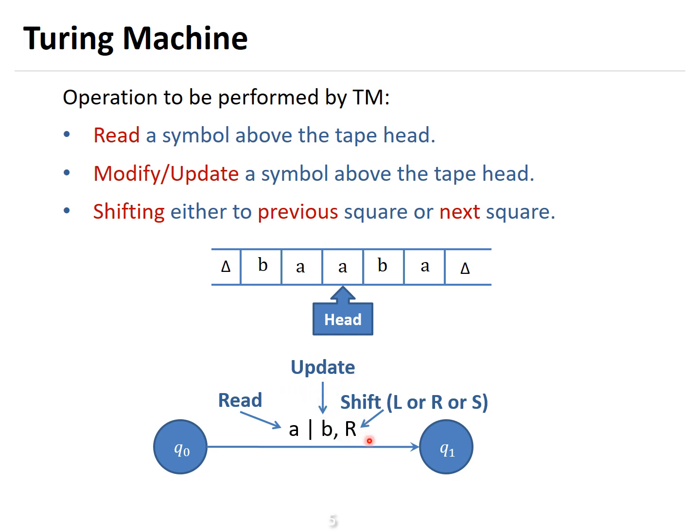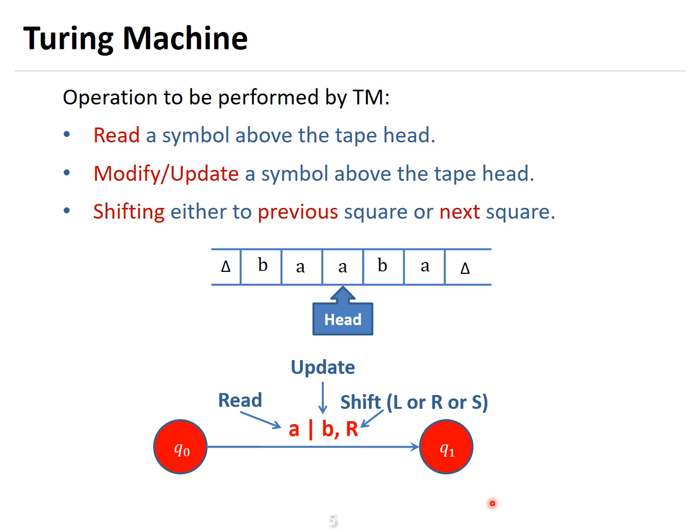And R or L or S indicates the move: R is one step to the right, L is one step to the left, S is stop. In my future problems, I will always use these letters for left, right and stop.